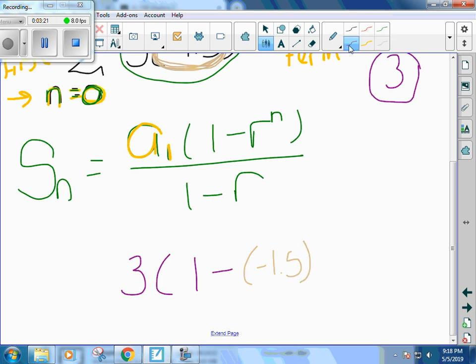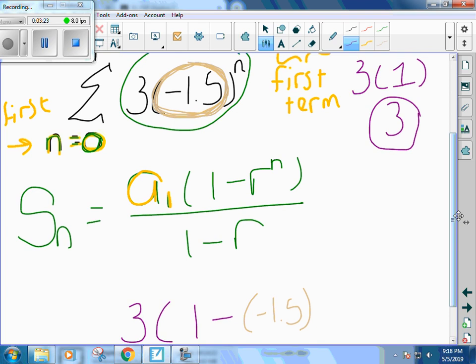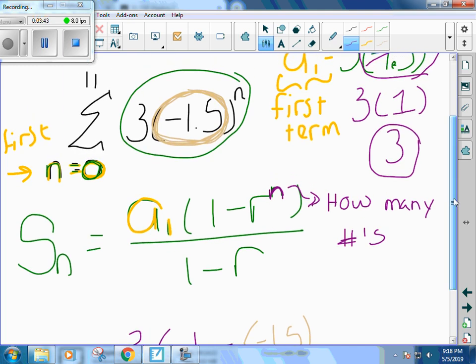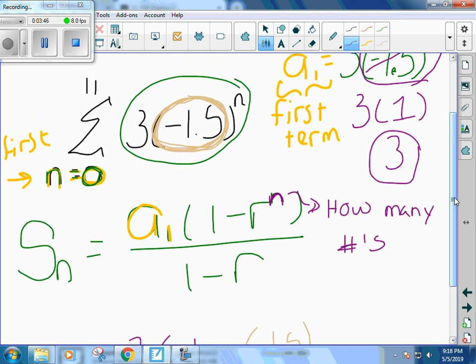Okay, so we have to talk about this n right here. This represents how many numbers are in my series. My first term starts at 0, and my last term is going to end with 11.